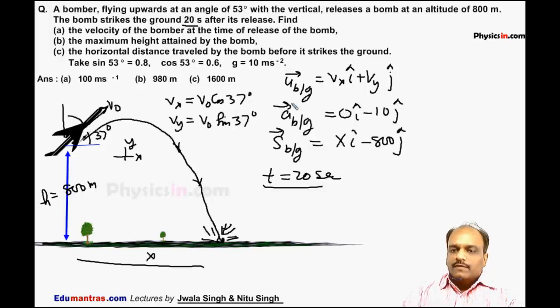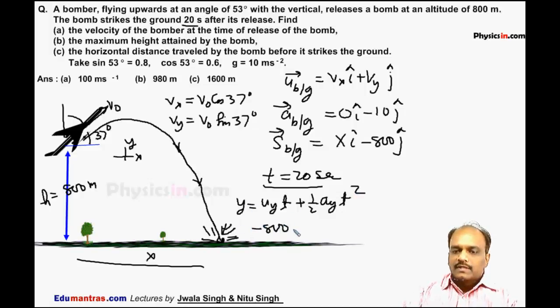Now from these given expressions we can say the vertical displacement y is equal to uy into t plus 1 by 2 ay into t square. So vertical displacement is minus 800, so minus 800 is equal to uy, the vertical velocity Vy, into t plus 1 by 2 ay, which is minus 10, into t square.